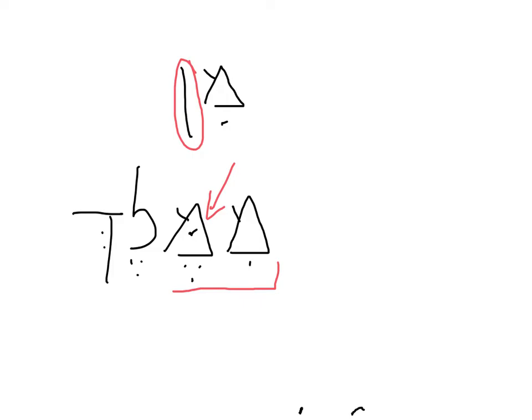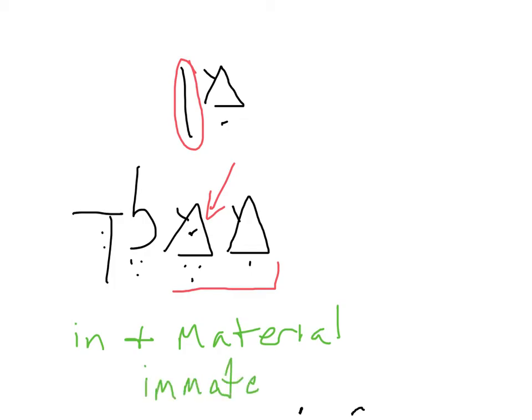So for example, if we take the word material and we wanted to negate it by adding the Latin prefix in, it assimilates so that we have the word immaterial. So the N turns into an M, assimilating to the first letter of the word.